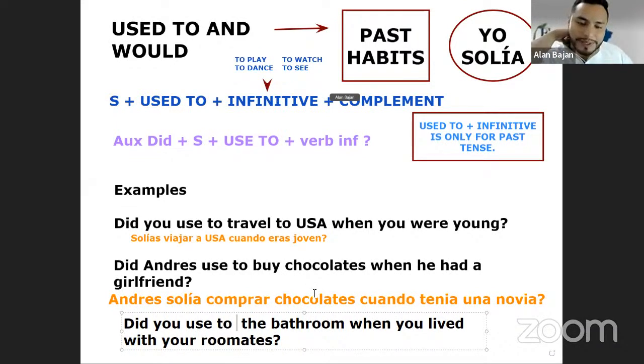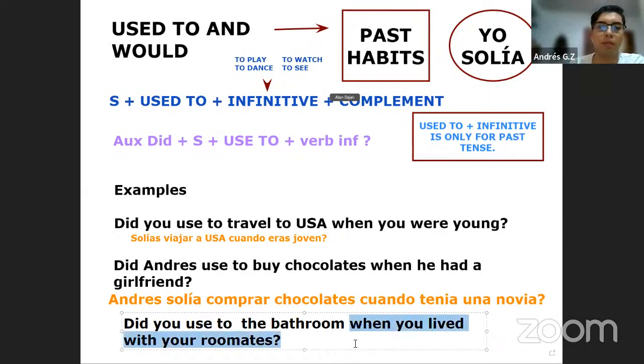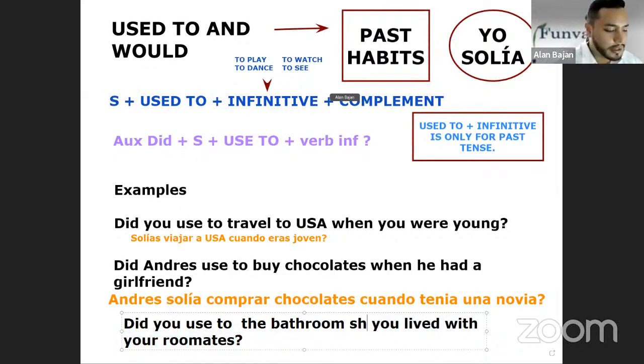When is the easiest way to understand used to at first. Okay. But if you want, you can specify when you were a child, or you can use another one, like while.